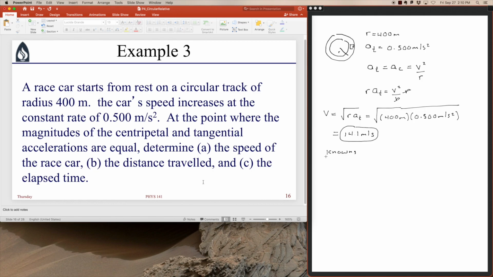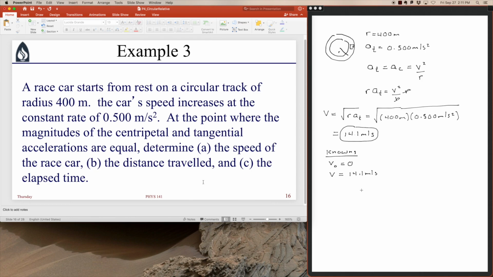Well, one thing I know is that the car started at rest, so the initial velocity is 0. I also know the final velocity, because I'm interested in how far the car went from when it was at rest to when it achieved this final velocity. So that would be 14.1 meters per second.